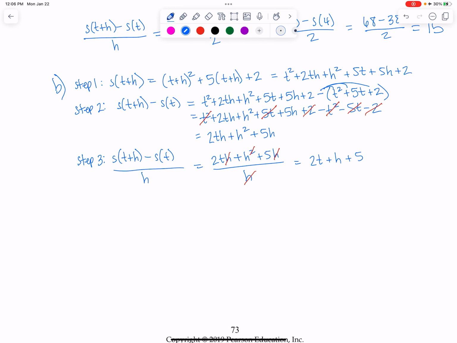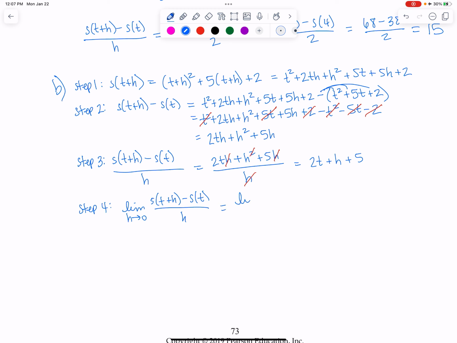And then let's take the limit as h goes to 0. Which is, the limit as h goes to 0 of 2t plus h plus 5.